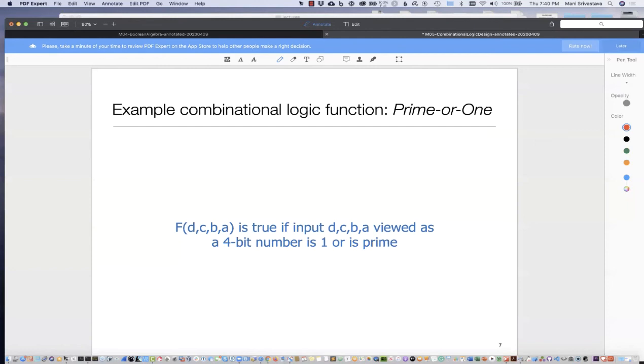So for what values would it be 1? Well, 1, and then the prime numbers 2, 3, 5, 7, 11, 13, because I have 4 bits, so I can go up to 15.